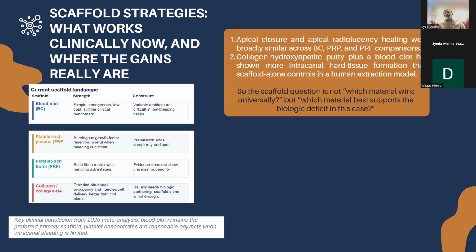So even till now, where so much literature and cutting-edge science has been changing the landscape of regenerative endodontics, we have moved from monoculture to co-cultures, but in 2025, just last year, the evidence still suggested that the blood clot methodology remains the preferred primary scaffold, and platelet concentrates are reasonable adjuncts when intracanal bleeding is limited. So you can use platelet concentrates.